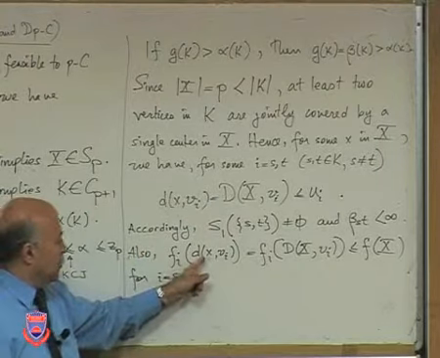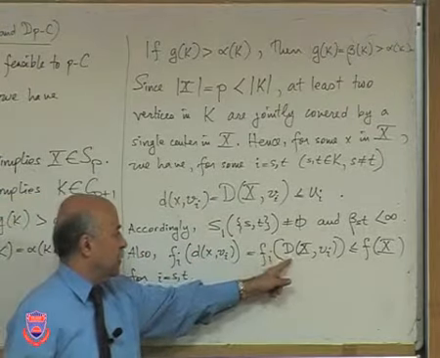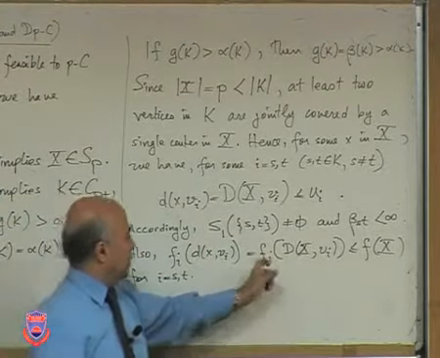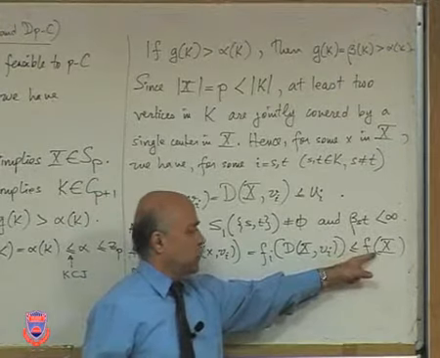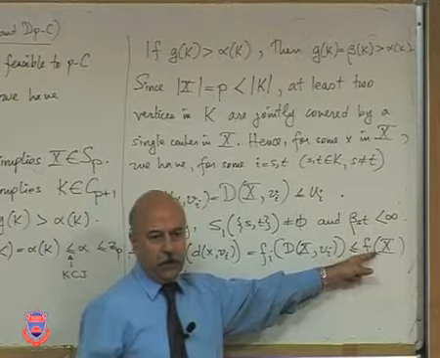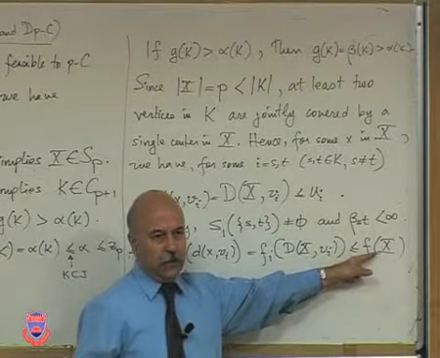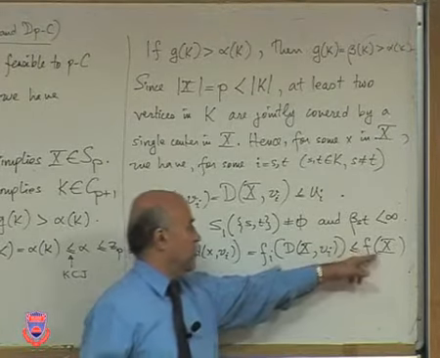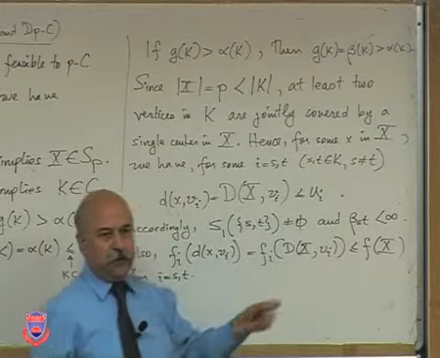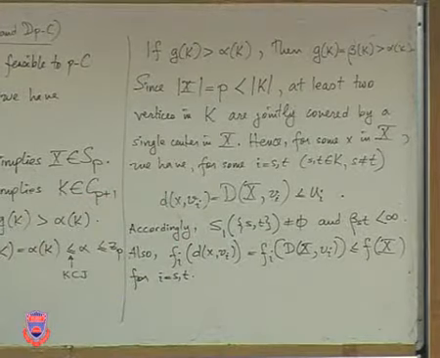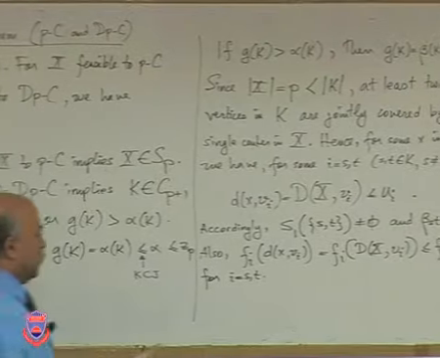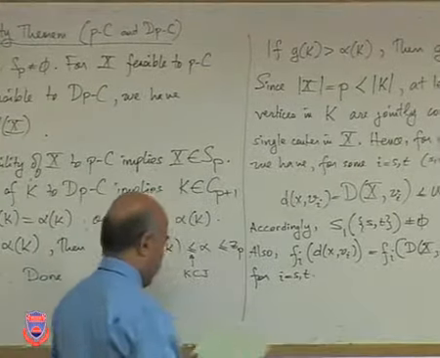Small d is replaced by capital D. And this fi is one of the loss functions in the definition of f of x. So f of x is certainly greater or equal to each of the possible fi values, or each of the loss values. Okay, so we've got that.